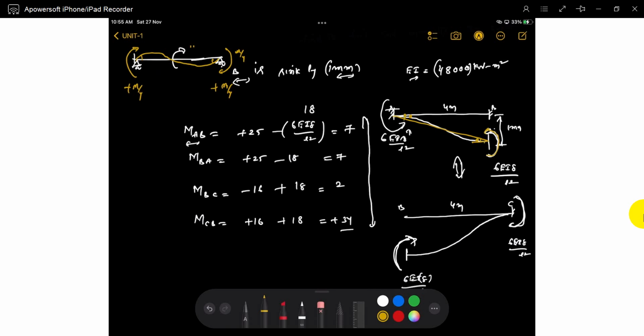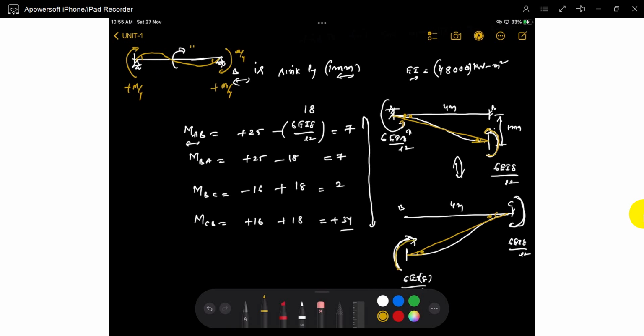It is fixed. There is no rotation. To eliminate that rotation, the moment is generated in the upward direction. That's why this direction will come. Here also, if you see, it will take like this. So it is the rotation. To eliminate that rotation, it will come like this.